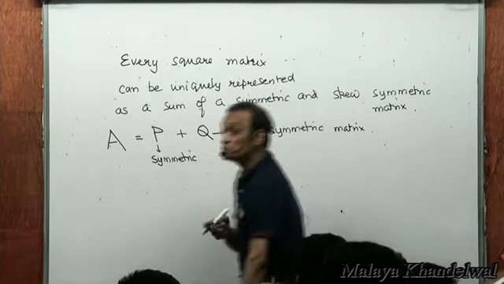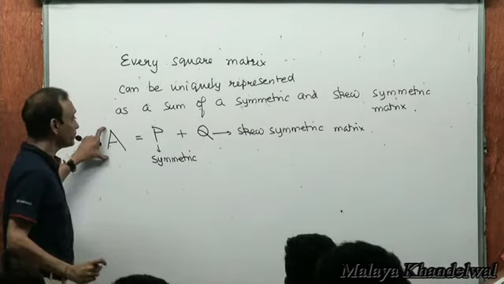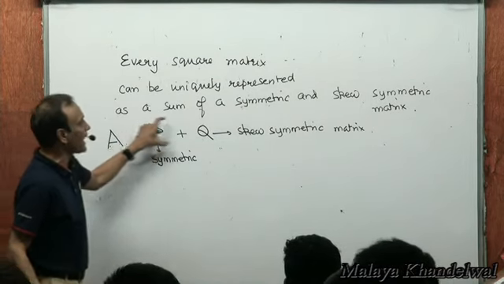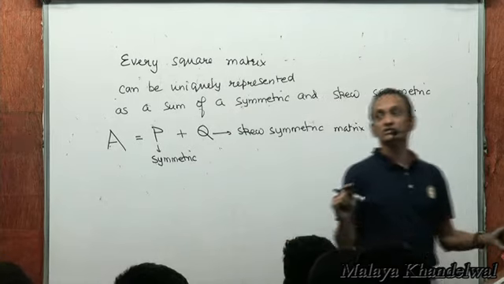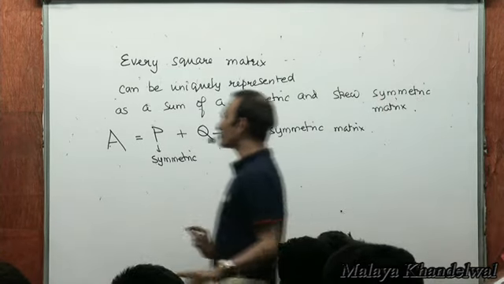How do I find P and Q? Given A, I want to write A uniquely as a sum of a symmetric and a skew symmetric matrix. This is what I want to do, right?